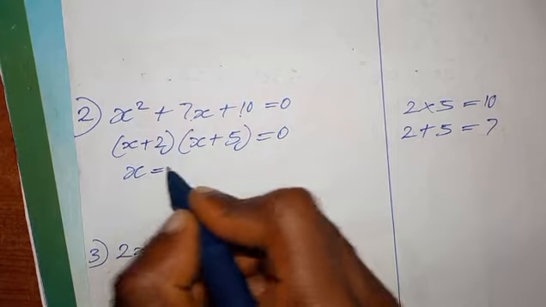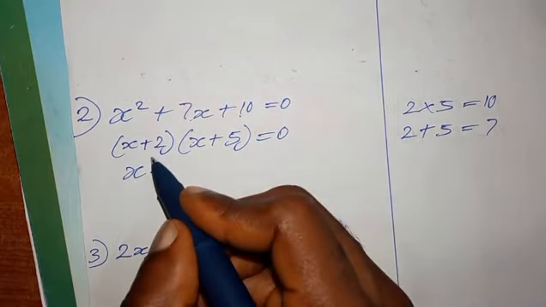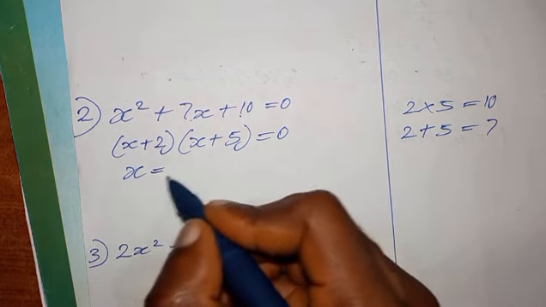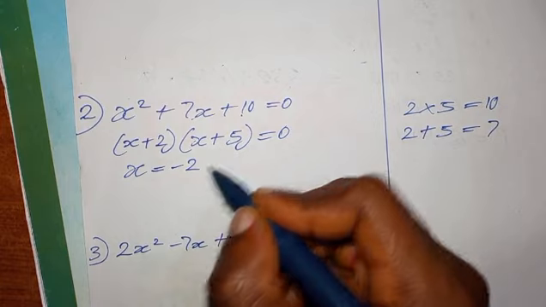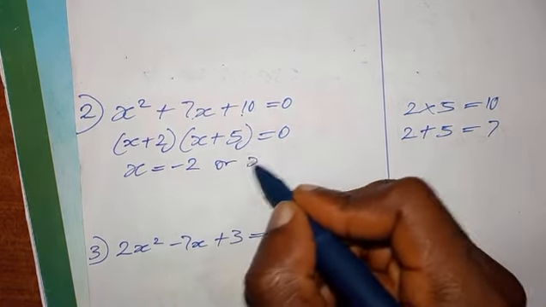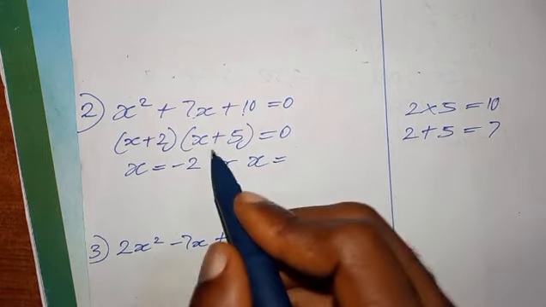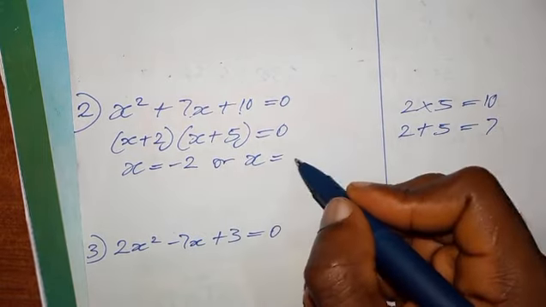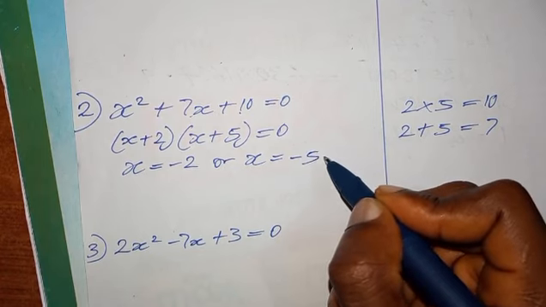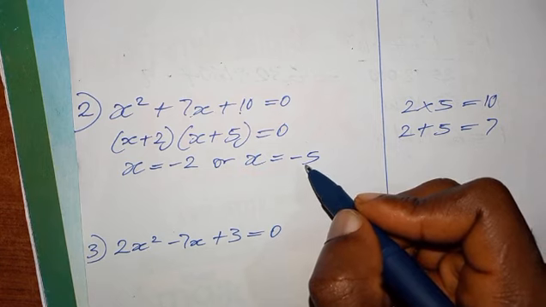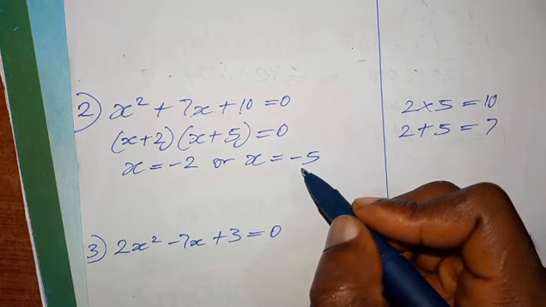When it crosses the equality sign, I told you before, this positive sign will change to negative. We have x equals minus 2, or x will be equal to this positive crossing the negative sign, minus 5. And then we move to the third question.